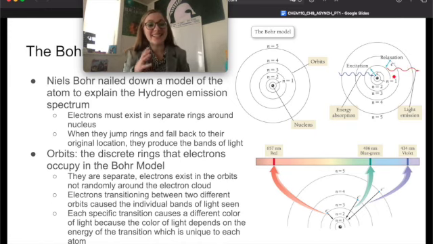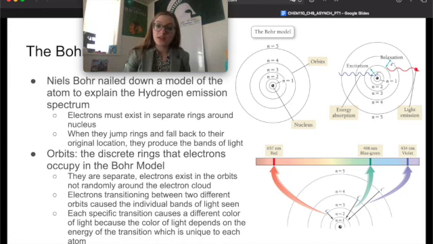Because light in the end is just a packet of energy. So what we're seeing is that we have energy coming in, it makes the electron excited, it jumps rings, and then when it goes back down to its original ring, it gives off a specific wavelength of light, depending upon the energy level there. Energy levels correspond to different wavelengths of light.